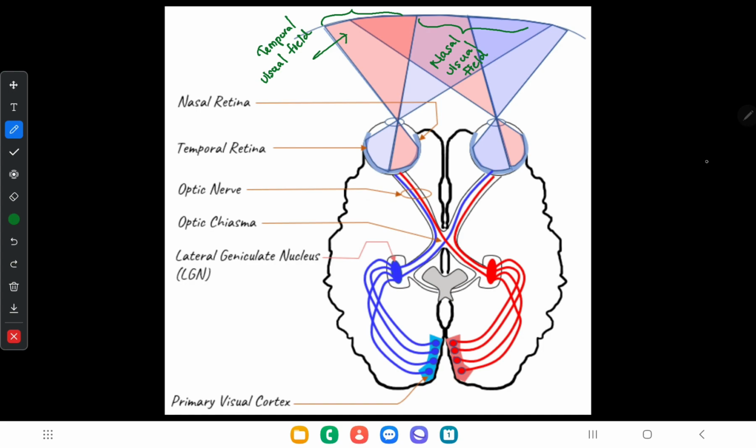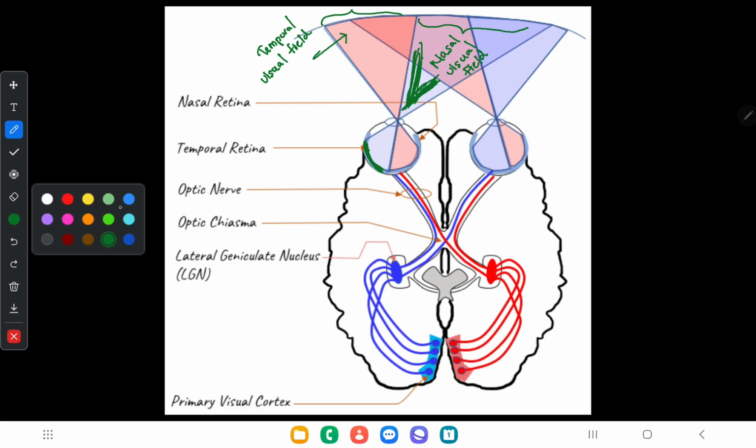Here you can see the temporal hemiretina. This part is the temporal hemiretina. It receives image input from the nasal visual field. The temporal retina receives image input from the nasal visual field.